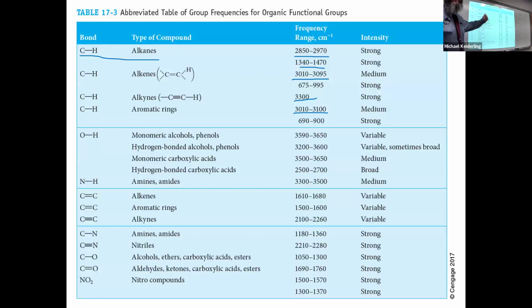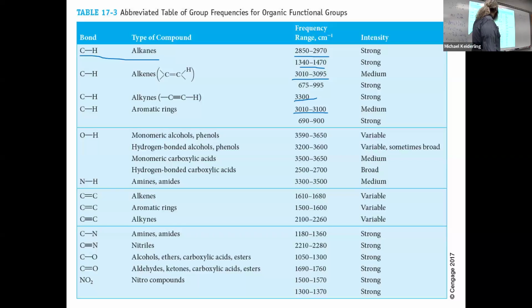Here's a smaller version of that table. Here we can see CH bonds in alkanes are from 2,850 to 2,970. In alkenes, the CH bond, this is a bend, not a stretch, but the stretch you can see is 3,010 to 3,095.